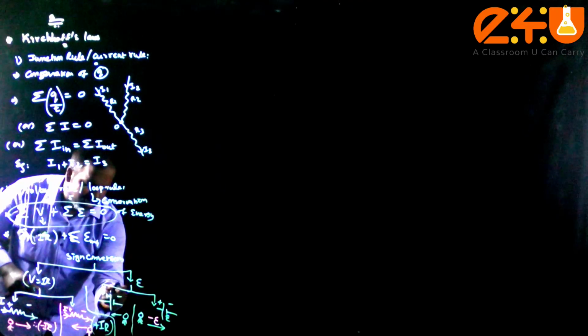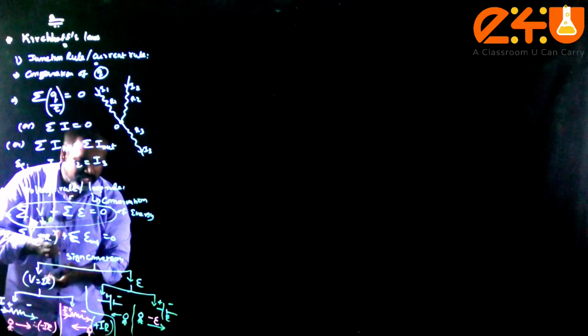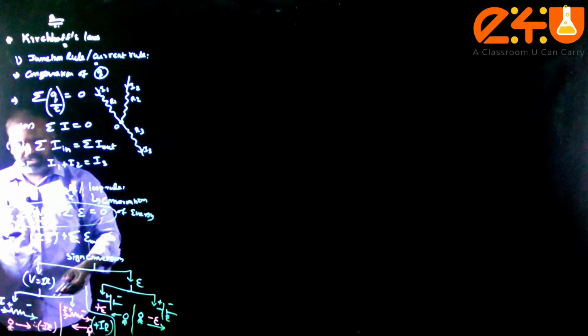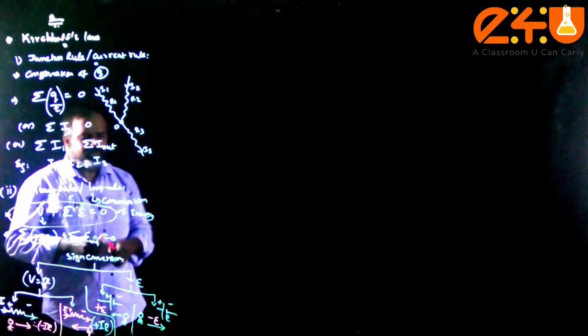At last you are crossing the positive terminal of the battery, therefore in this case the sign of EMF will be plus E. This is the sign convention used in the voltage rule.